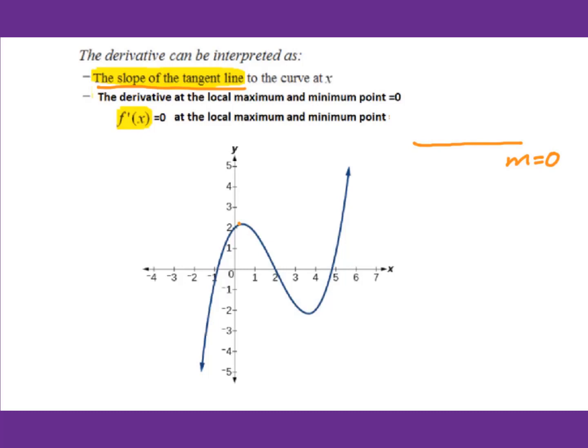We could see that at a maximum point or at a minimum point, the derivative equals 0 because the slope of the tangent line equals 0. So remember, normally we would use the derivative to figure out local maximum or minimum. In other words, at the local maximum and minimum, the derivative of f(x) equals 0.